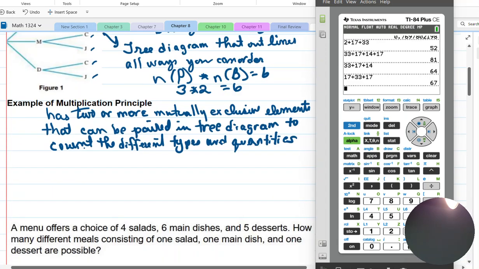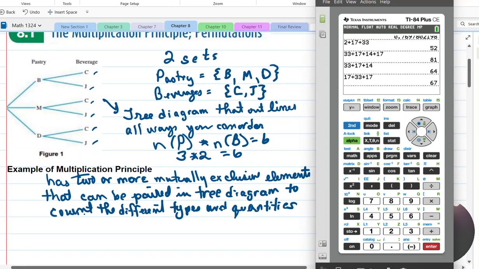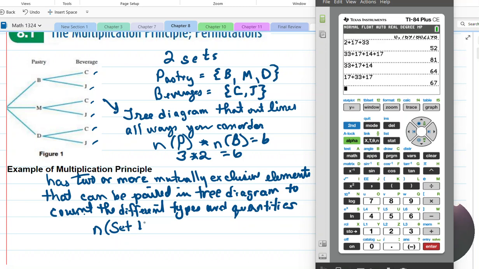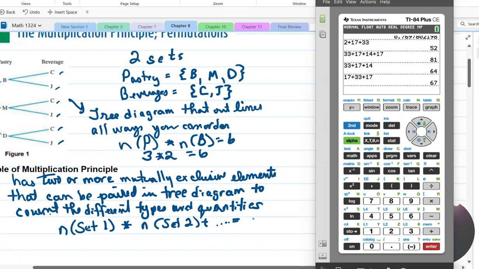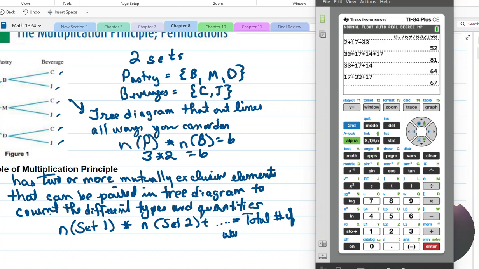The book had an elaborate description, but all you need to know is that you take the cardinality, that's N, of set 1 times the cardinality of set 2 plus all the rest, and you get the total number of ways, well, I guess you could say all the ways to choose from.